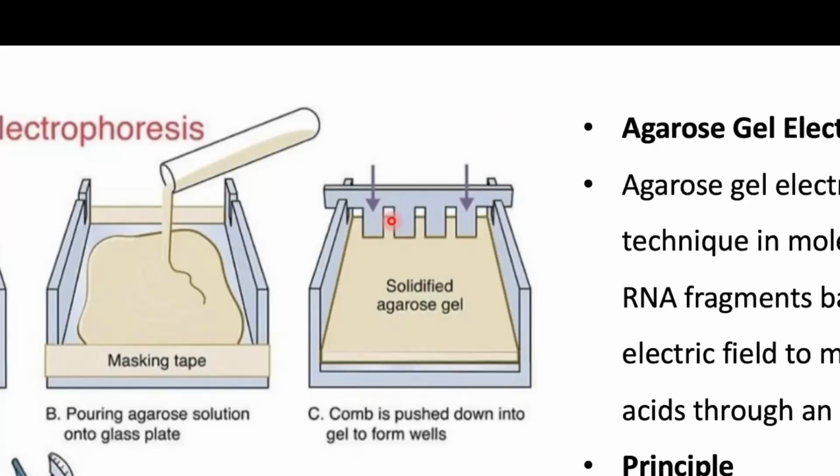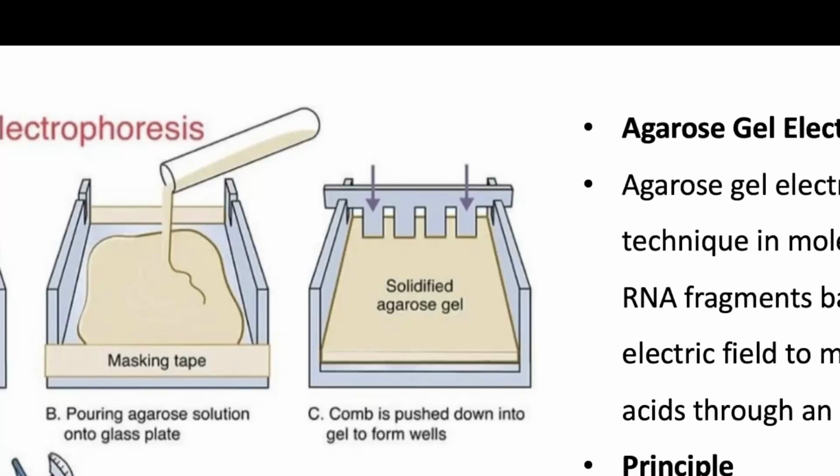Now before the agarose has solidified, you apply combs. These combs will create wells inside the agarose gel into which the DNA can be loaded. And when an electric field is applied, the negative electrode will repel the negatively charged DNA or RNA, so the DNA will move away from the negative electrode while it is attracted towards the anode, which is the positive charge, so it will move towards the anode.